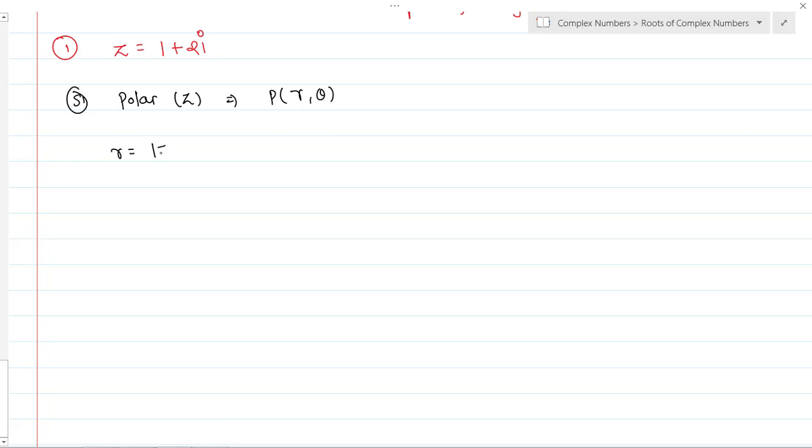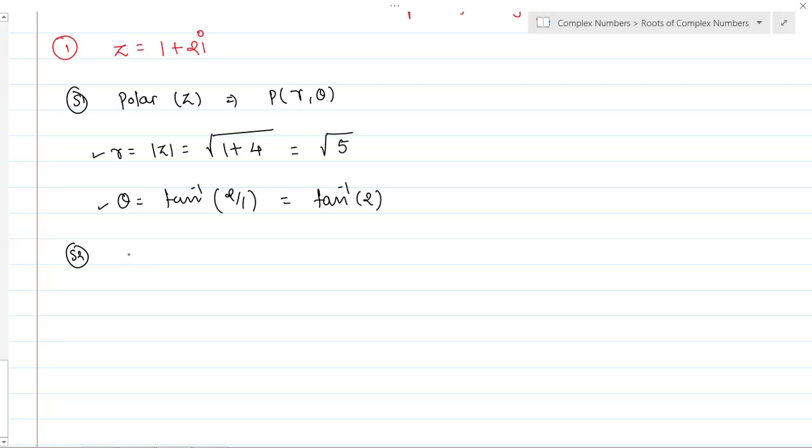R is nothing but mod of z, which is nothing but root of 1 plus 2 square, that is 4, which is nothing but root of 5. What is theta? This is nothing but tan inverse of 2 by 1, which is nothing but tan inverse of 2.